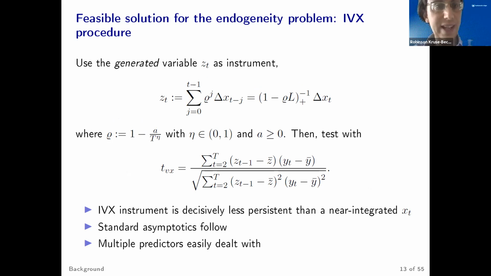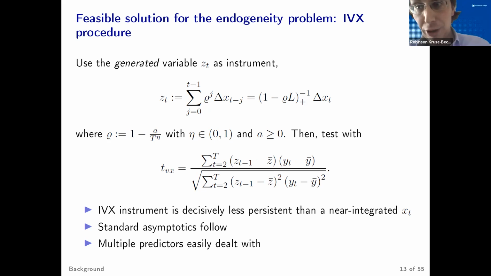You can instead use an instrument, as I have already promised. We talk about endogeneity, so we come up with an instrument. The instrument search here is much simplified compared to the usual case. So here we use a self-generated instrument. If you recall the graphs, we can have this endogeneity problem. But things get much better if we would have low persistence. So the idea is very simple here.